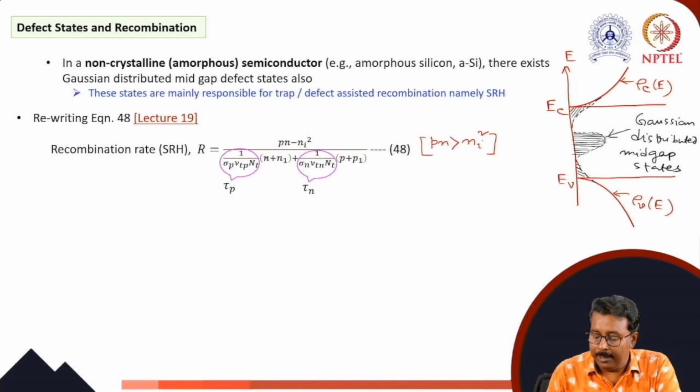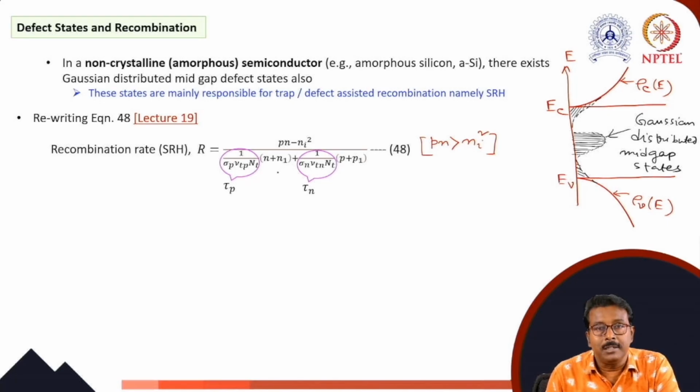What is n? n is the carrier concentration at non-equilibrium, which is n0 plus some delta n. n0 is the equilibrium and delta n is the extra carriers generated, maybe due to illumination or other external energy.